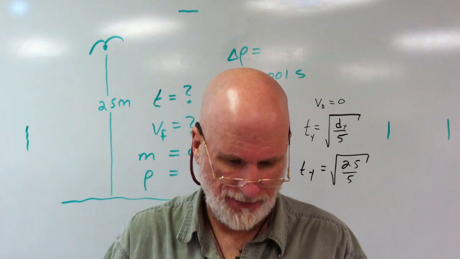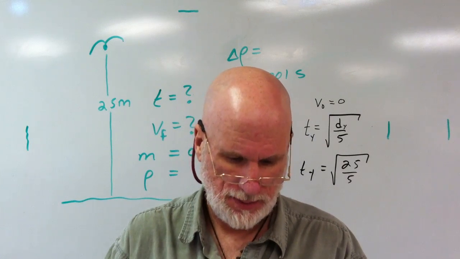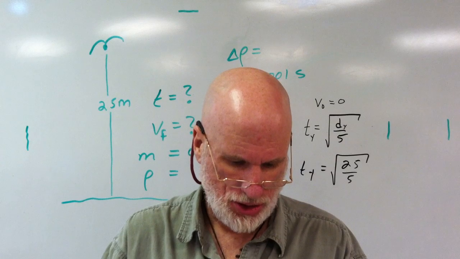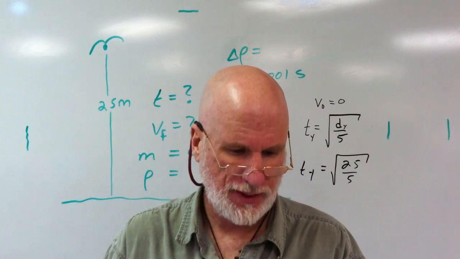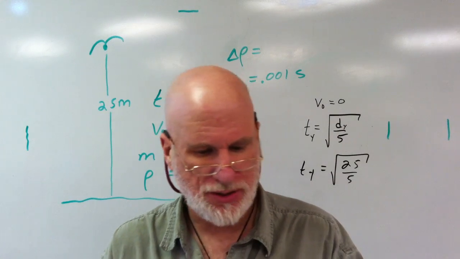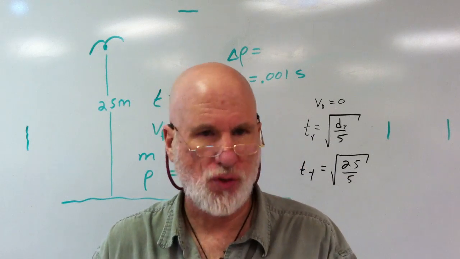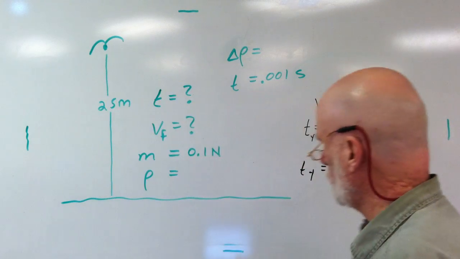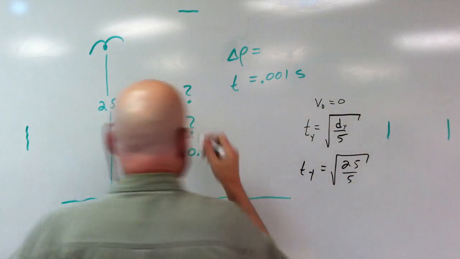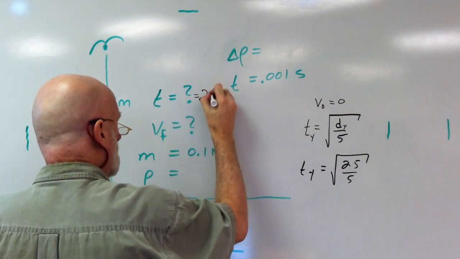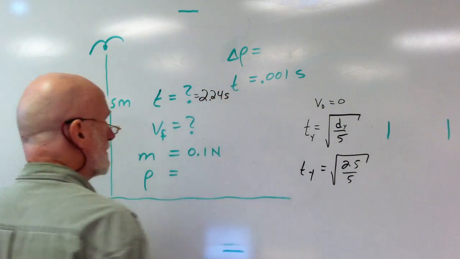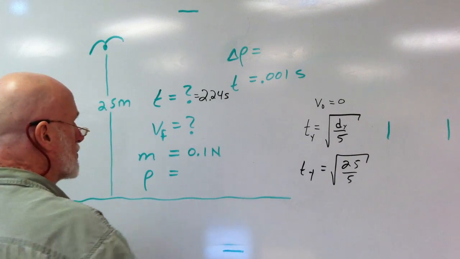Square root of 5 equals 2.24 seconds. So this is going to be 2.24 seconds. Okay? That's the first one.